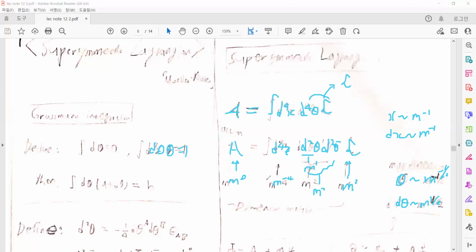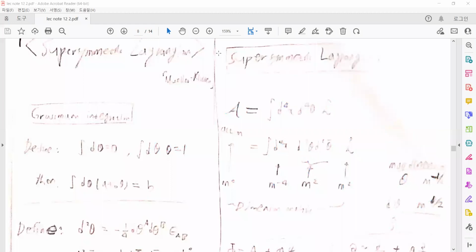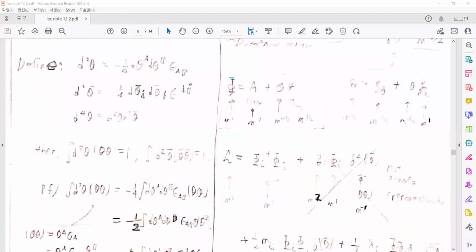So here is some dimension analysis. And we know that the chiral superfield has a mass dimension of 1. So there are some scalar fields, whose mass dimension is also 1, and the spinor fields, whose mass dimension is 3/2. This is well known from the Standard Model, and we know that theta has a mass of minus 1/2, so it is consistent with the chiral superfield's mass dimension.